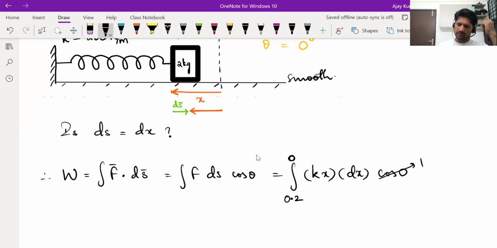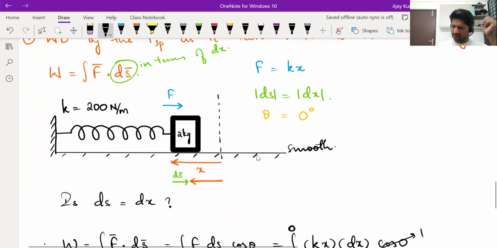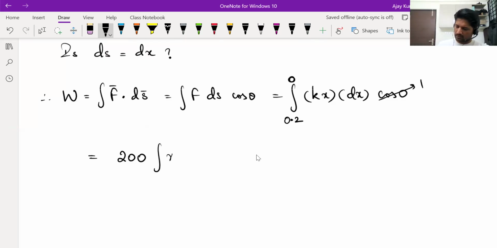And the k value is given in the problem as 200. Mass is not necessary anyway. So k is a constant, put it outside the integral. So work done becomes 200 times the integral of x dx. Can one of you tell me how much is integral x dx? X square by 2, sir.